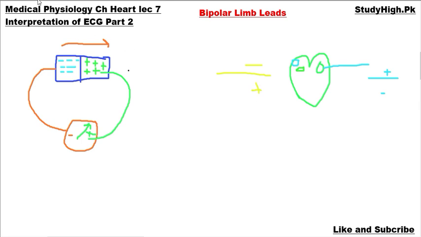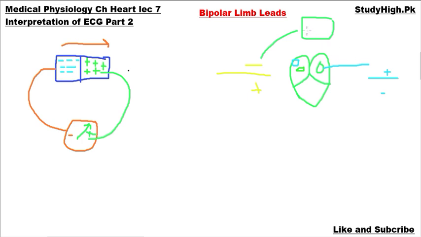If we connect these two regions of the heart with the electrocardiographic meter, this membrane of the cardiac muscle carries negative charges outside because of initiation of the action potential, as I have explained in the previous lecture, whereas this region of the heart will be positive outside the membrane.